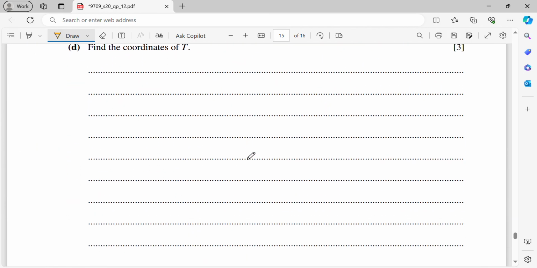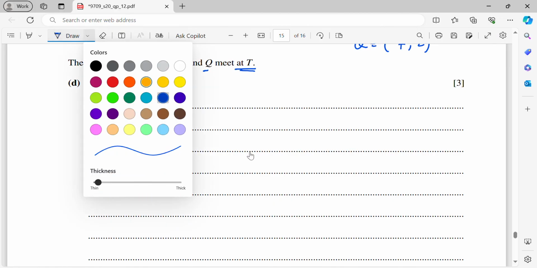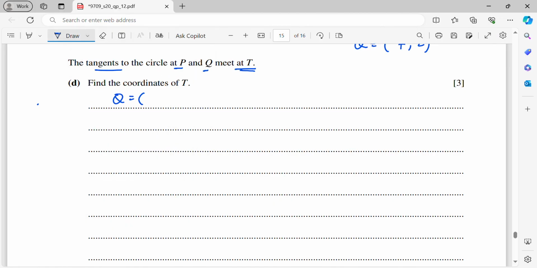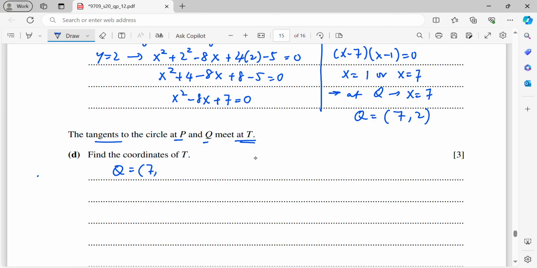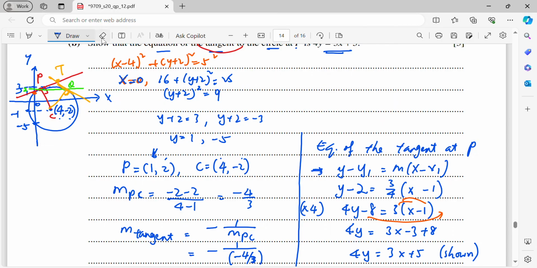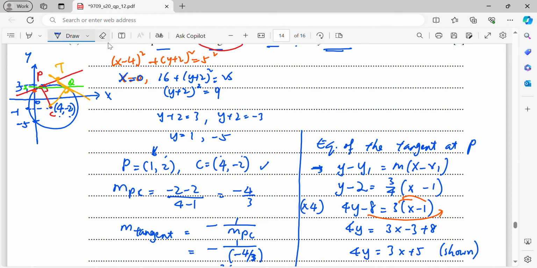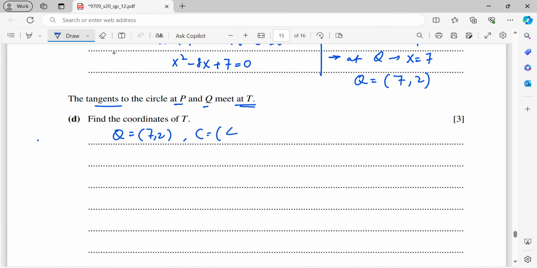So now I will write MQC. My Q is 7, 2, and my C has coordinates 4, negative 2. So the gradient of QC is basically change in y over change in x.